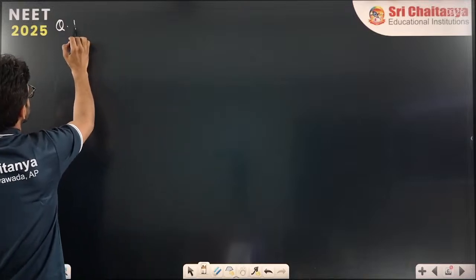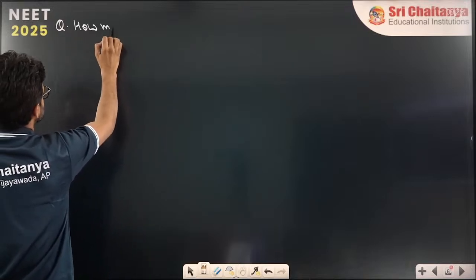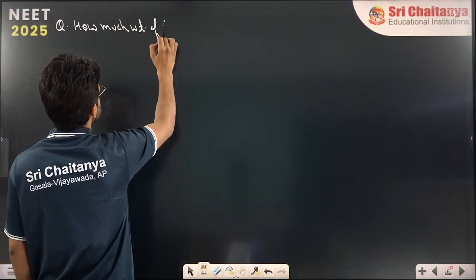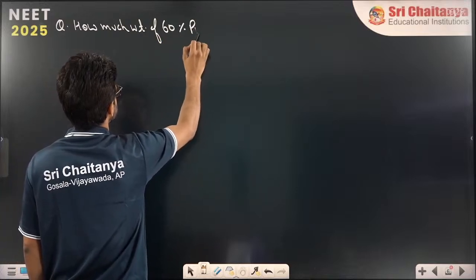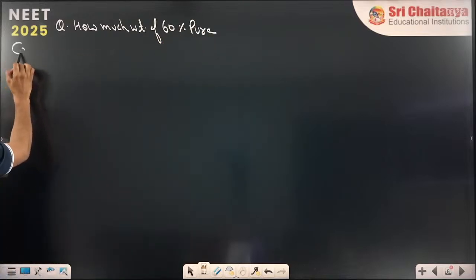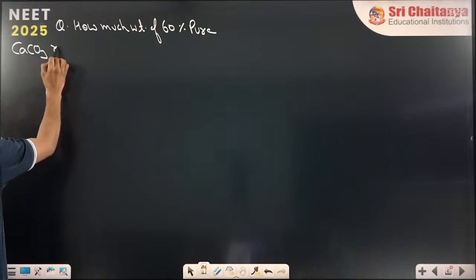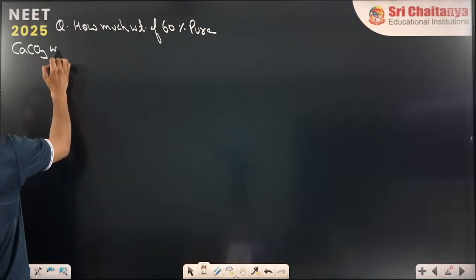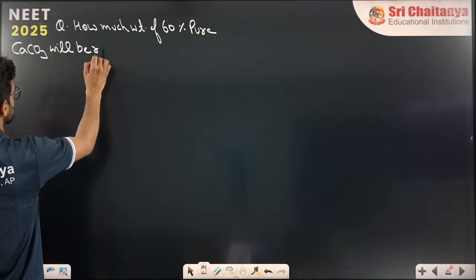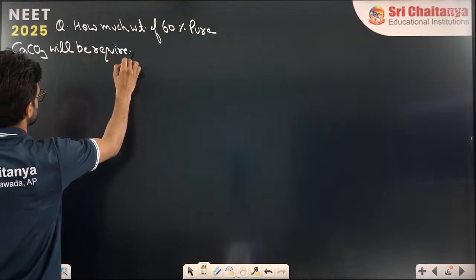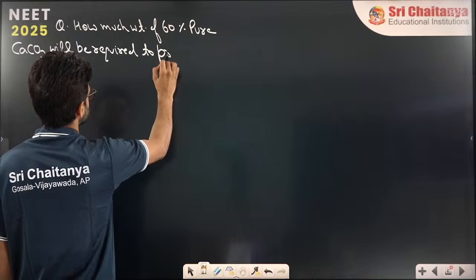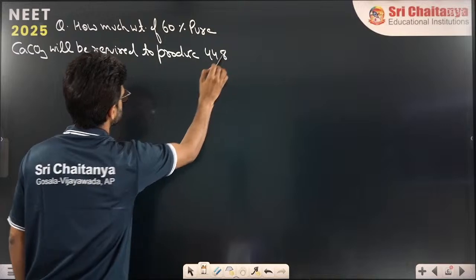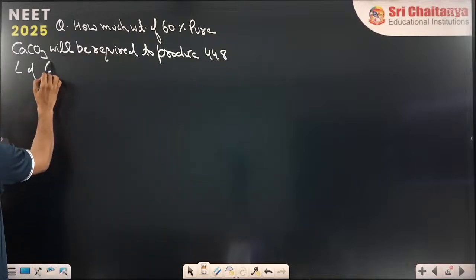They are saying: how much weight of 60% pure CaCO3 will be required to produce 44.8 liter of CO2 gas, right?